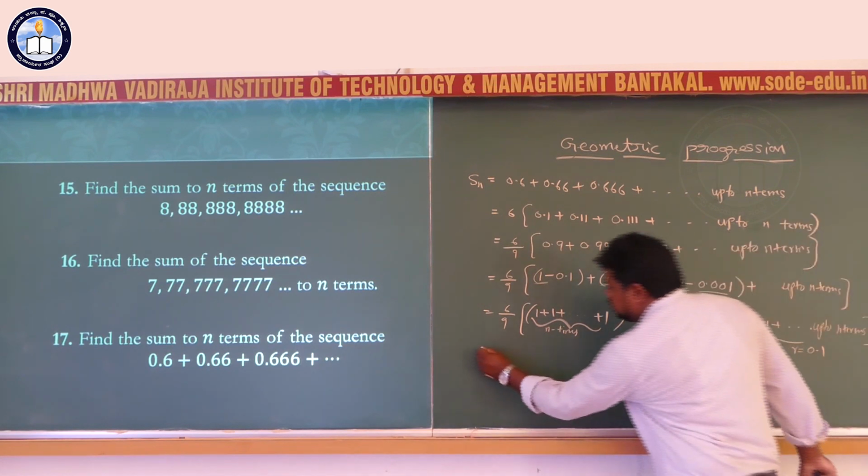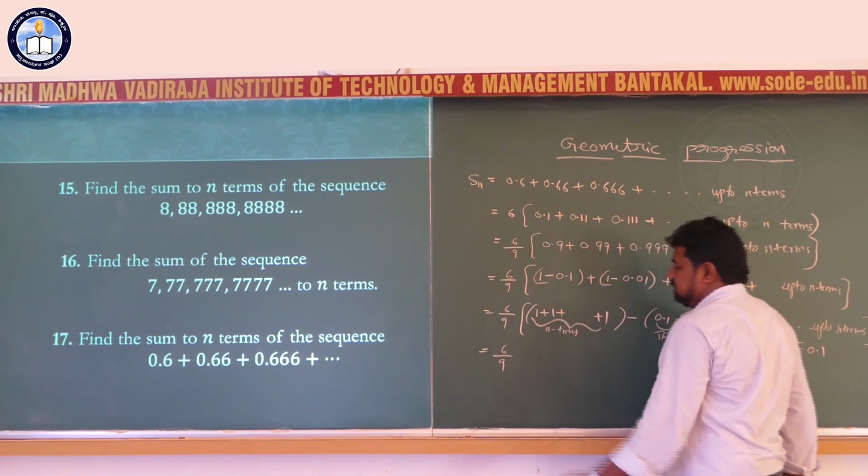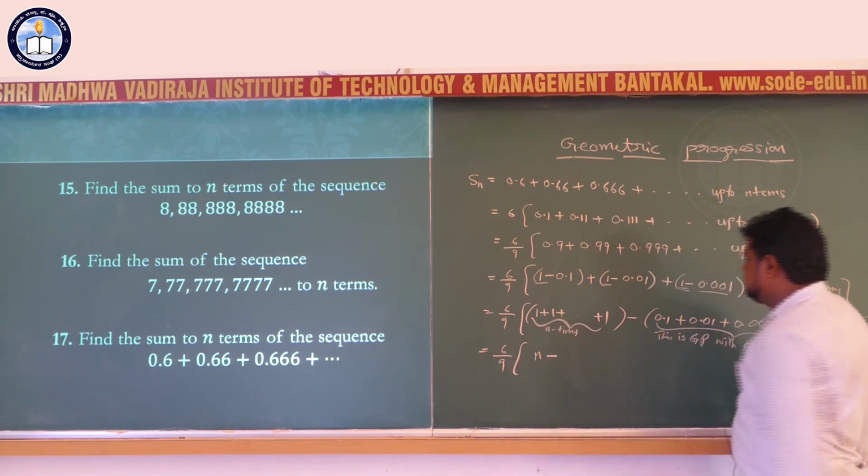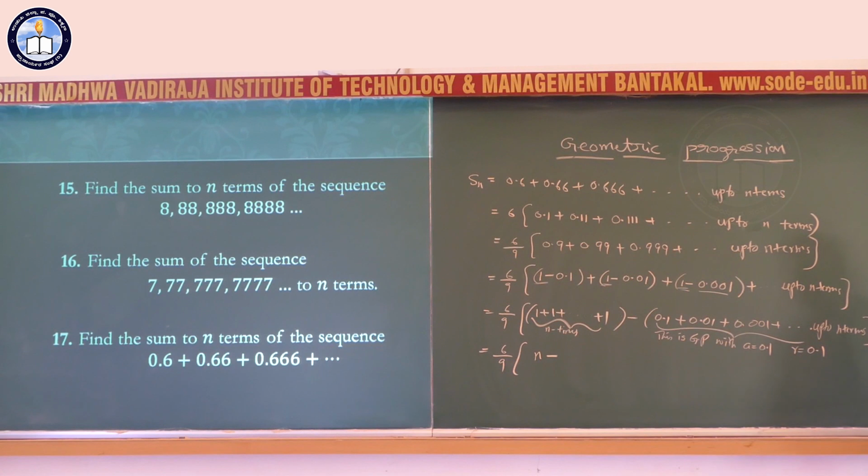The sum equals 6 by 9 into n minus the sum of the first n terms of a GP for r less than 1, whose formula is a into 1 minus r power n divided by 1 minus r.